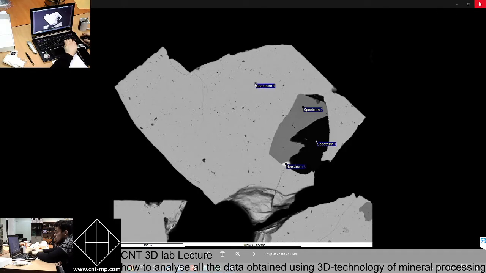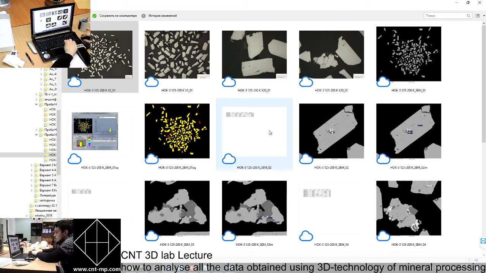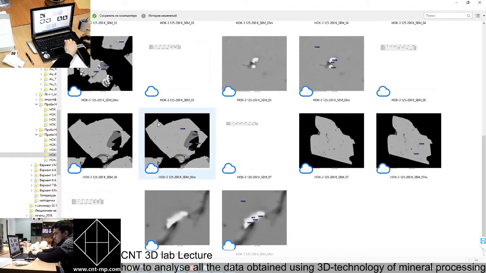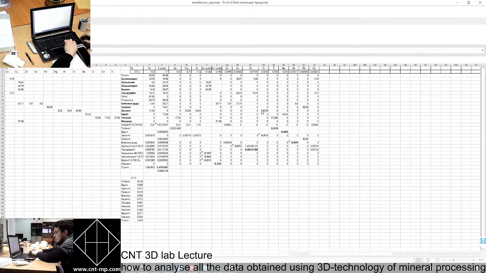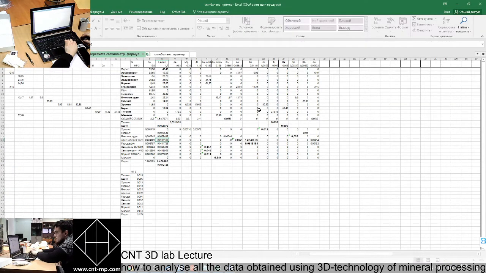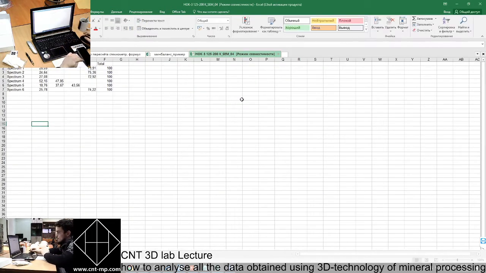Let me show you the tables. Just a moment, it will load.